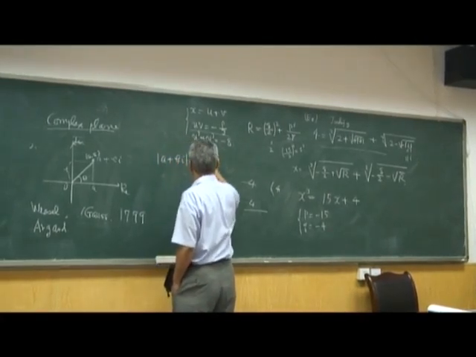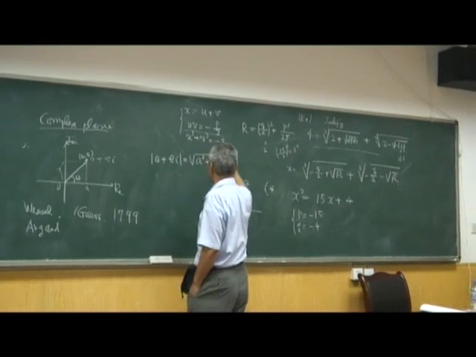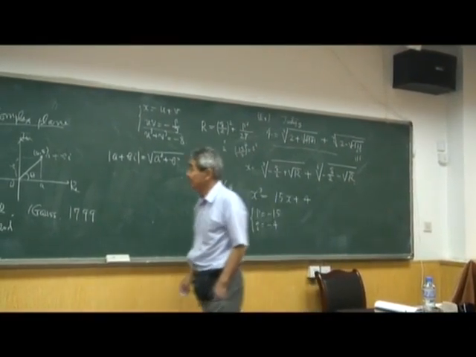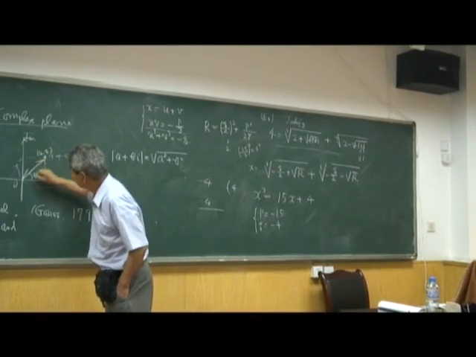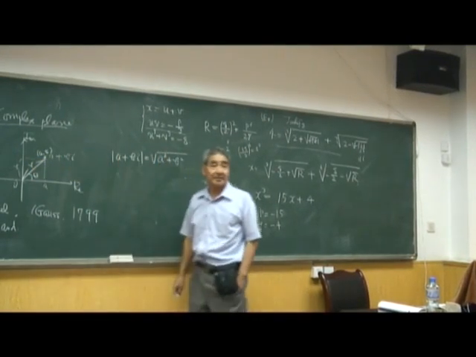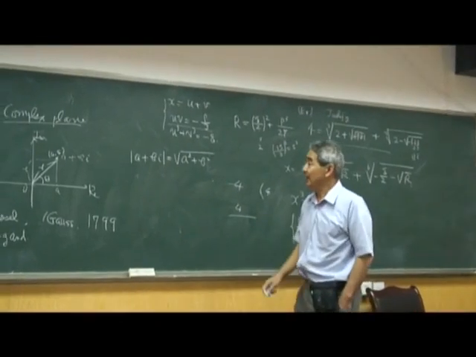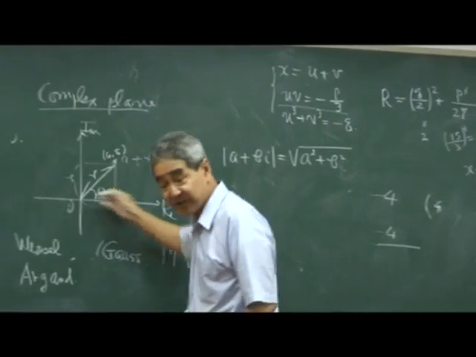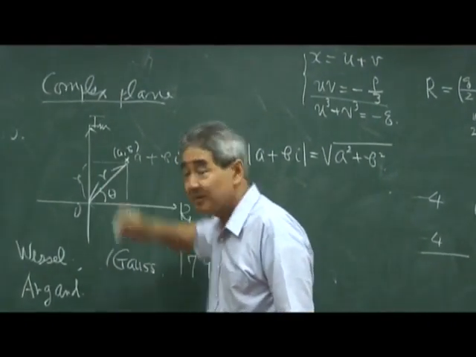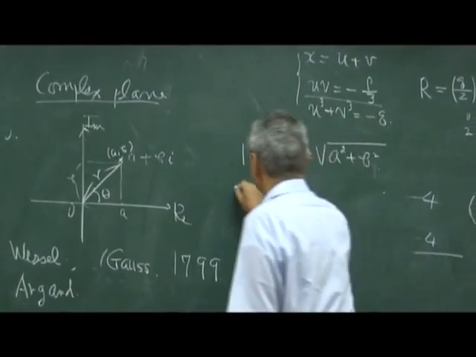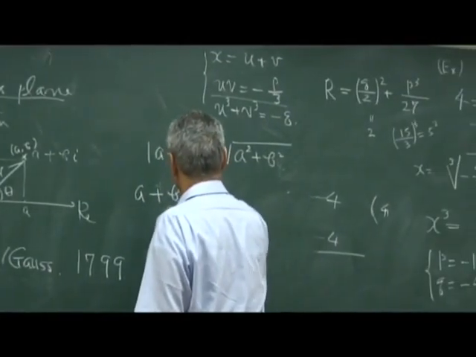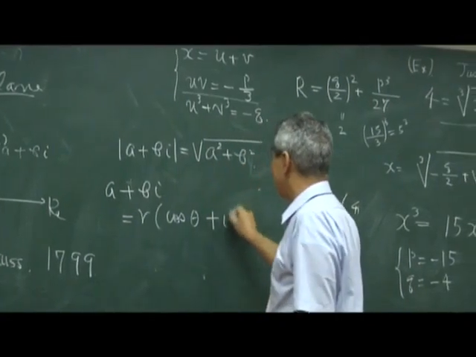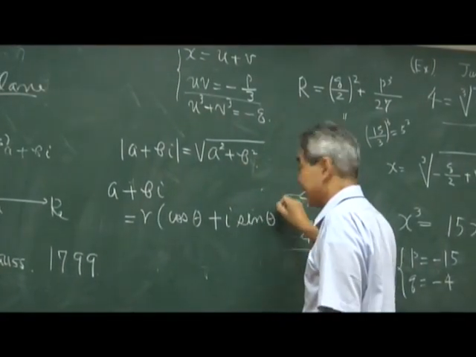It's just the square root of a squared plus b squared. So this is just the length of this line. And if you introduce the angle from the positive real axis to this point, then you can express this complex number as l times cosine theta plus i sine theta.